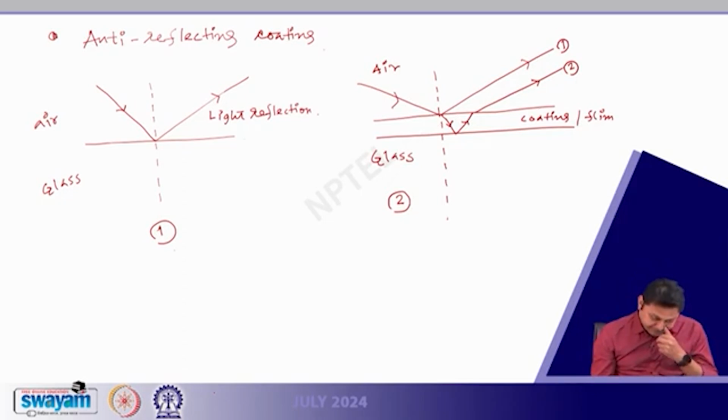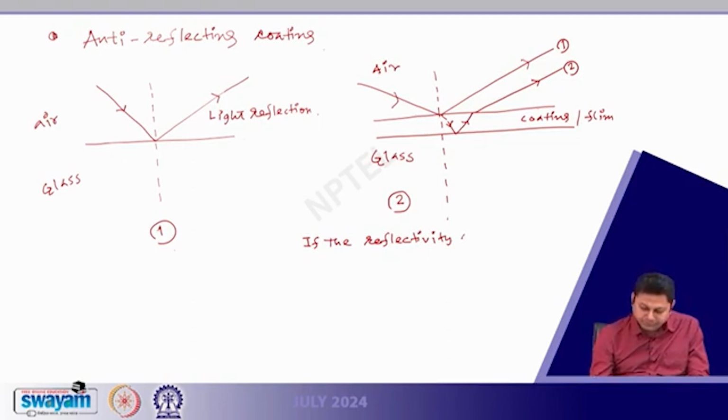Now, let us put a name here, A, and this is A prime, and this is B, and this is B prime.